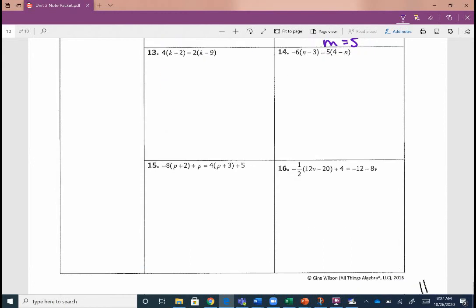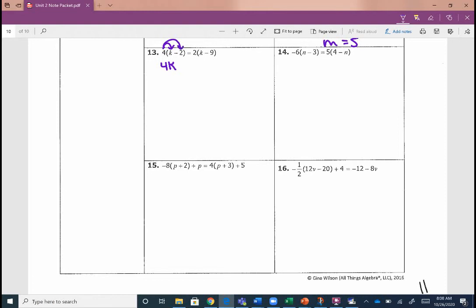So, if we look at number 13, how do I know I have to distribute? What tells me that? Oh, the parentheses. Yeah, the parentheses tell me that I need to distribute first. So on that left-hand side, we're going to distribute our 4 first. I like to draw the little arrows. I know some of you do too. I've seen it on your papers. 4 times k gives me that 4k.